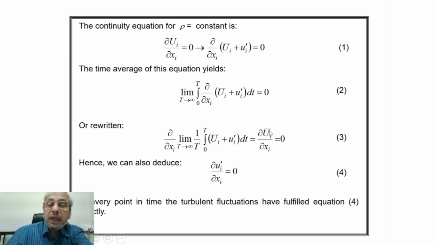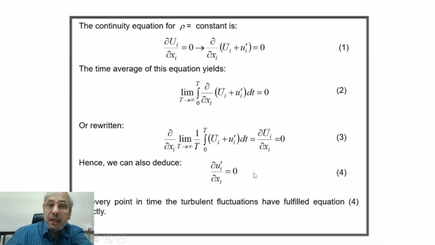And if that is true, then again substituting in this, we will get that the continuity equation is satisfied by the fluctuating components also. So if we say u, v, w, three directions, del u bar by del x plus del v bar by del y plus del w bar by del z equal to 0.